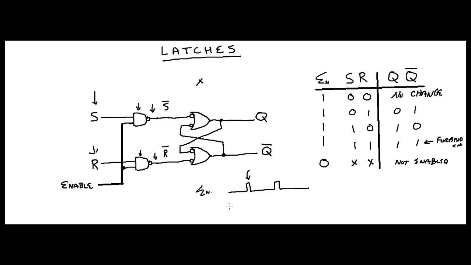And that is going to be the only time you would expect to see a change in Q or Q bar. That's pretty ingenious, isn't it? Now, by pulsing that gate, you can determine when you want to read those inputs. That's what we're doing here. And that means you can determine when the output would actually change.